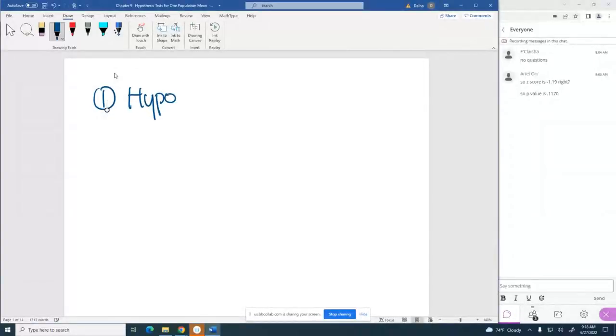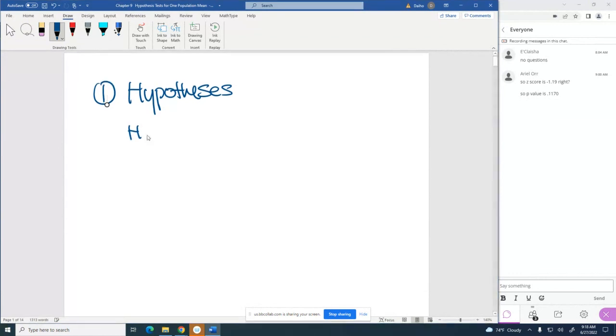Okay, let me summarize the 6 steps again. Step number 1, state the hypothesis. The null one must be mu equal to a value.